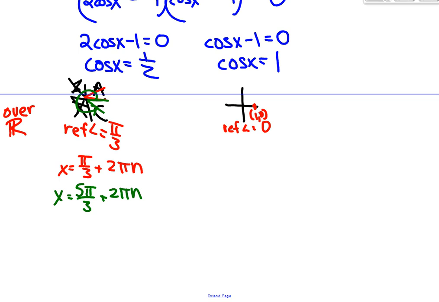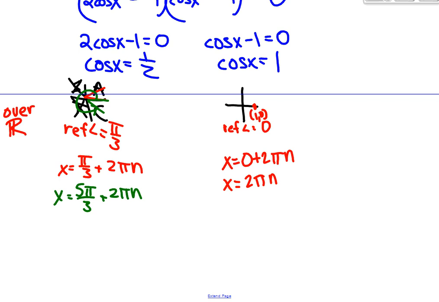And again, in this one, we can use that one, but if we tried to go on the other side of the x-axis, we would get -1. So x equals 0 plus 2 pi. So the way we write that is x equals 2 pi n, my bad, 2 pi n. X equals 2 pi n.